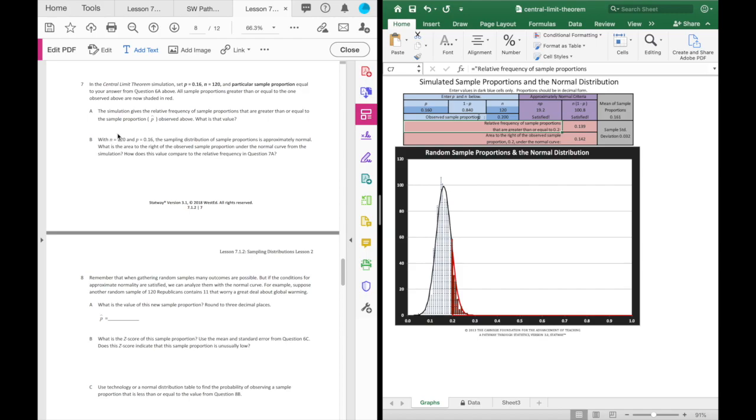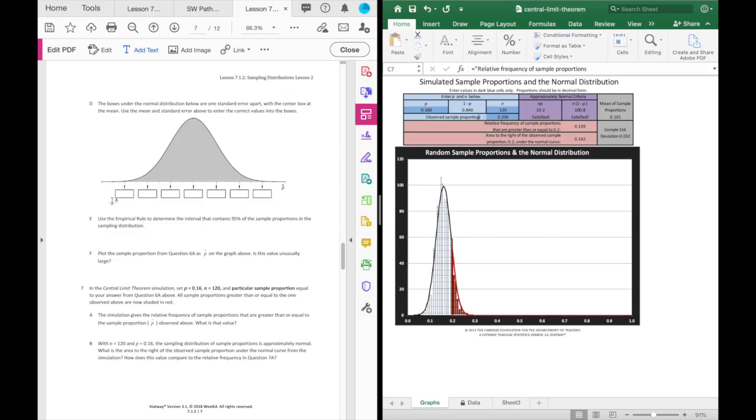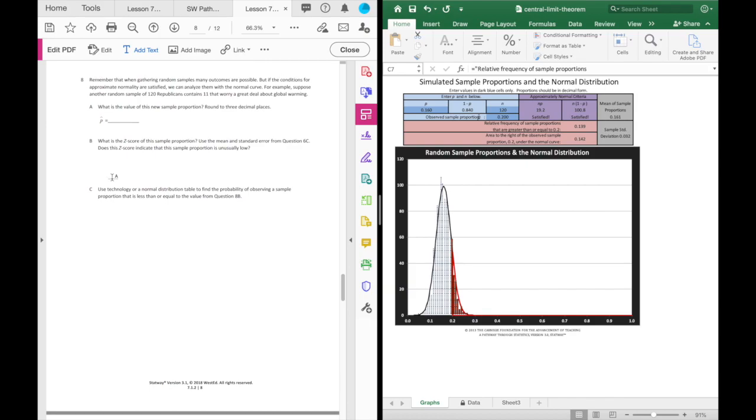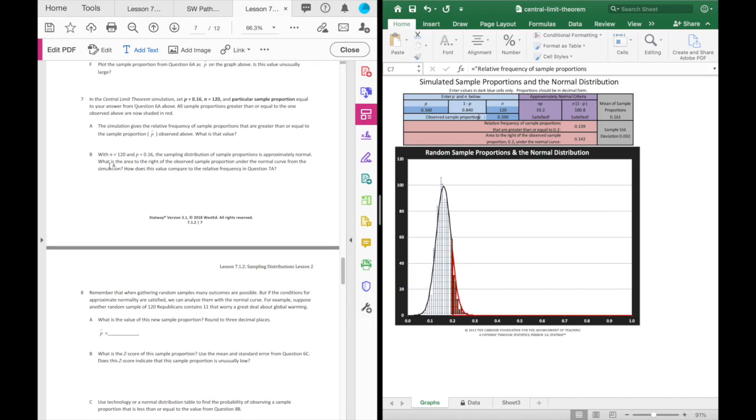What is that value? Okay. So if we look here, relative frequency of sample proportions that are greater than or equal to 0.2, it tells us that 0.139 is the answer. So let's write that down. Okay. So remember, this is number 7.